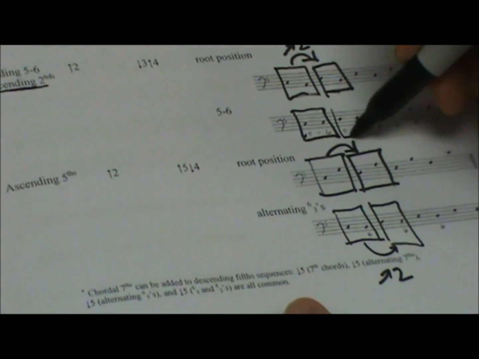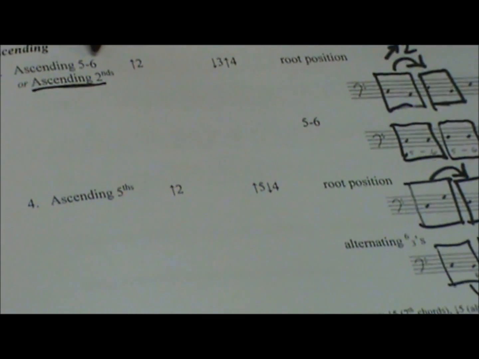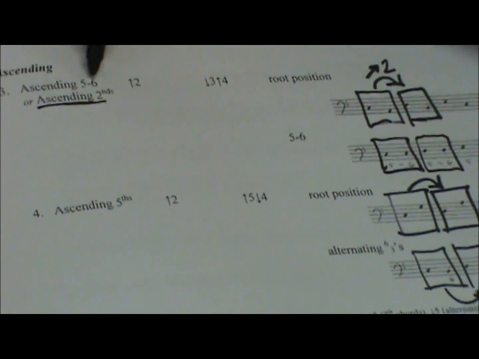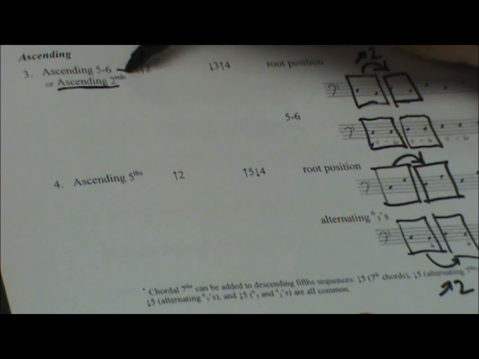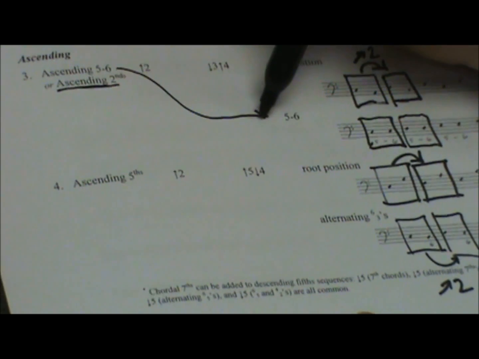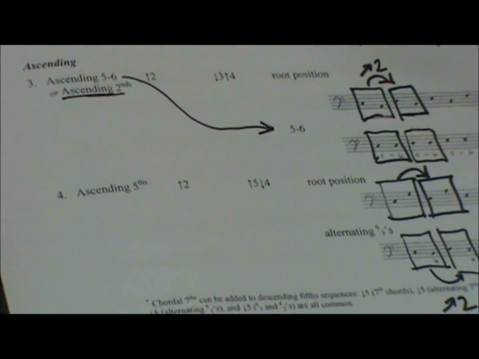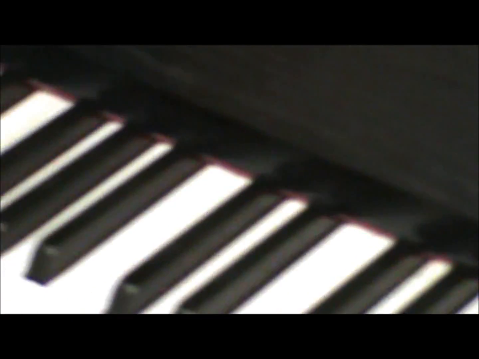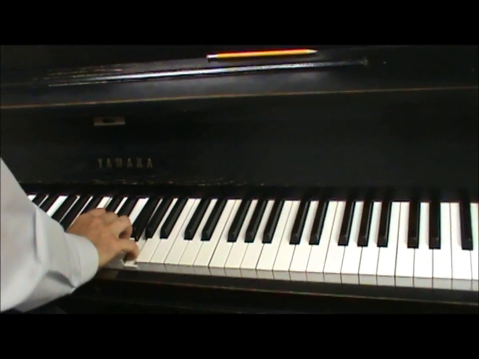So now I think you can understand with a little thought how this ascending 5/6 becomes a shorthand or a conventional label for this sequence. If you call it this, ascending 5/6, you're taking this as your main model for how the sequence works. And if you just went up in parallel, I always hear the same tune.